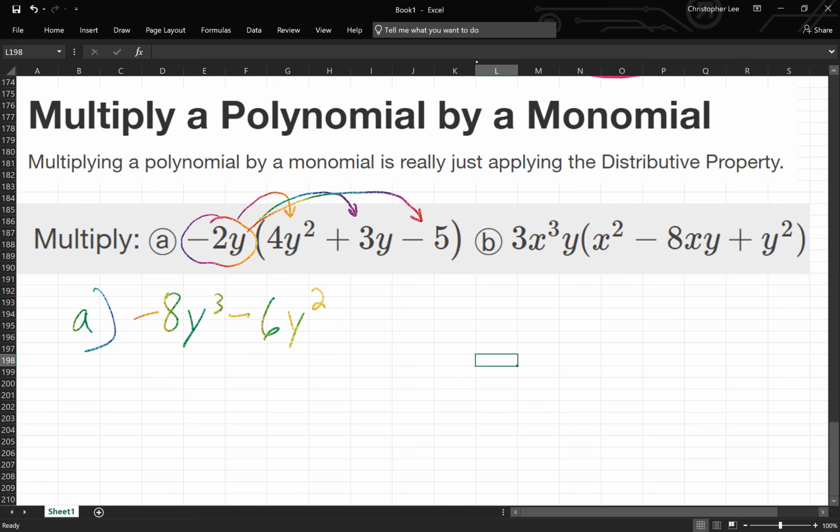And then I have -2 times -5 is going to give me a positive 10, and then y. Did that make sense? Anybody got any questions on that? All I'm doing is distributing the monomial onto the 3 terms of the trinomial.